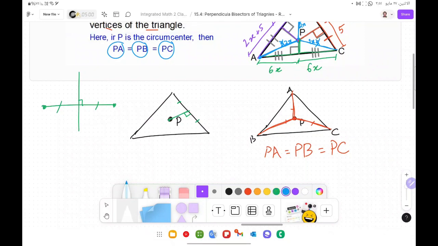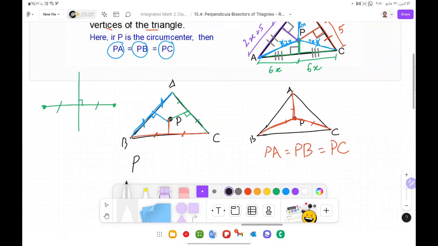Same thing if I draw a perpendicular to that side, this side is equal to this side. Same thing for the perpendicular bisector of that line, this one should equal this one.